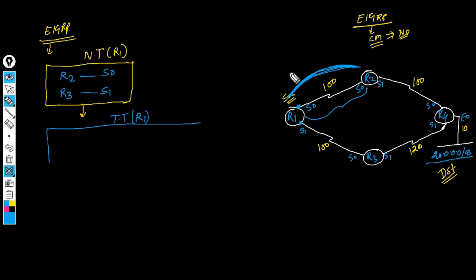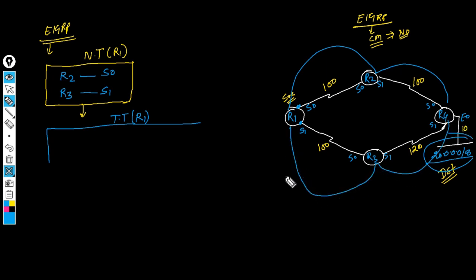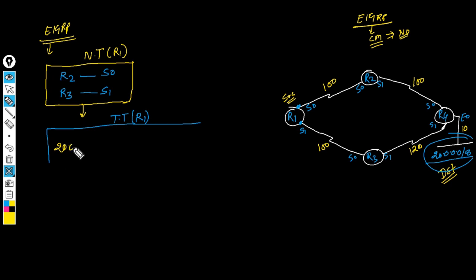They will keep it in a database, and that is considered the topology table. Router 2 will say, hey, 20 dot network is here. It will come to this router, and it will say, hey, 20 dot network is here also. It means to reach 20.0.0.0/8, I have a next hop, meaning I can reach via the R2 router as well as via the R3 router.